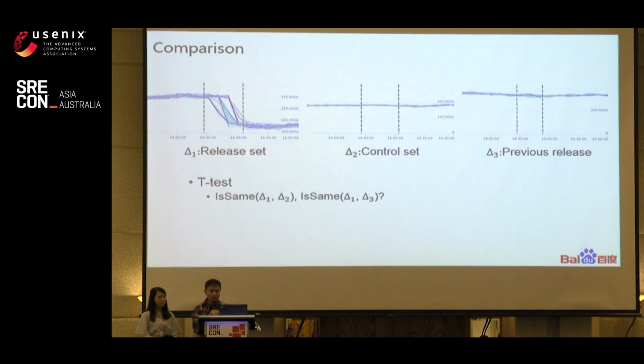So we apply the t-test, a statistical hypothesis test, to decide whether these deltas are similar or different. If any of the comparisons reports they are similar, we can conclude that this release is okay. If both comparisons report that they are different, we will say that the release is problematic.